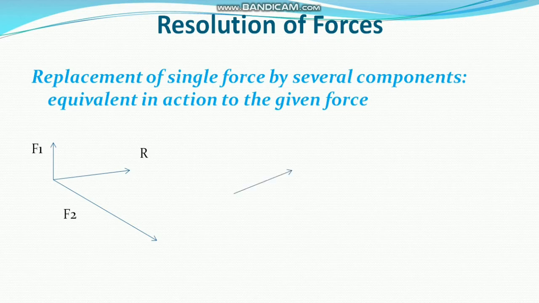Now to simplify solving problems in engineering mechanics, instead of taking arbitrary angles between F1 and F2, we will have a certain known angle which is mutually perpendicular. Let us say R is the force to be resolved into two components: Fx, which is along the x-axis, and Fy, which is along the y-axis, for our convenience in the coordinate system. So they are at 90 degrees to each other.